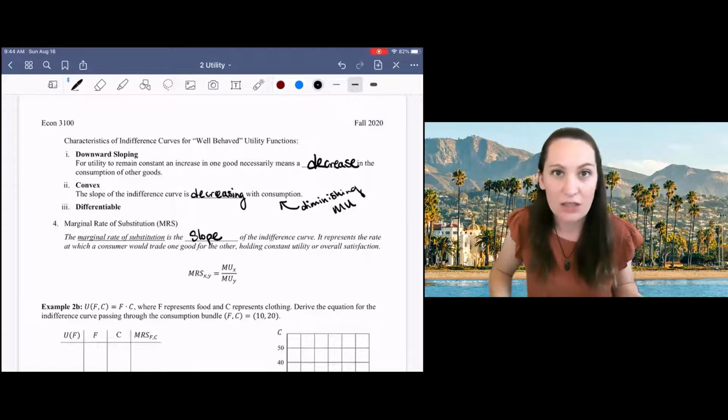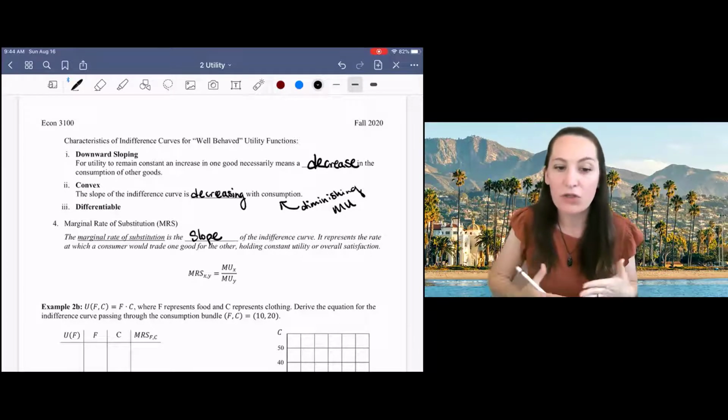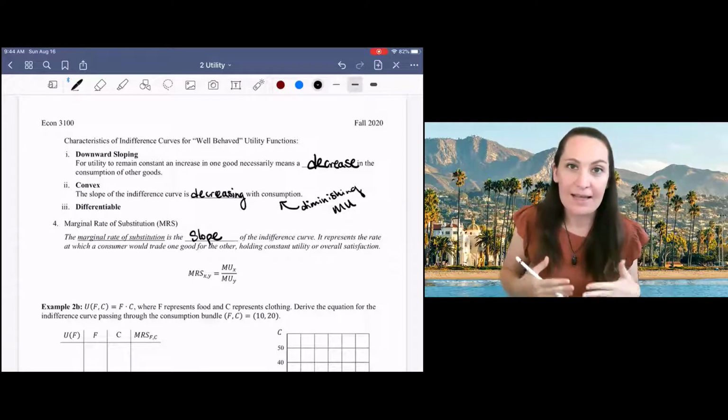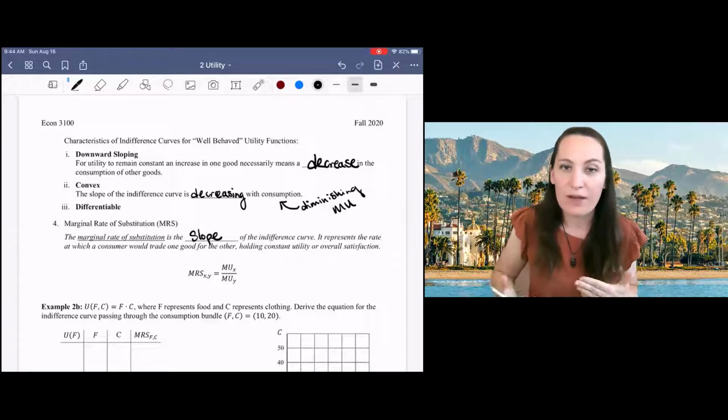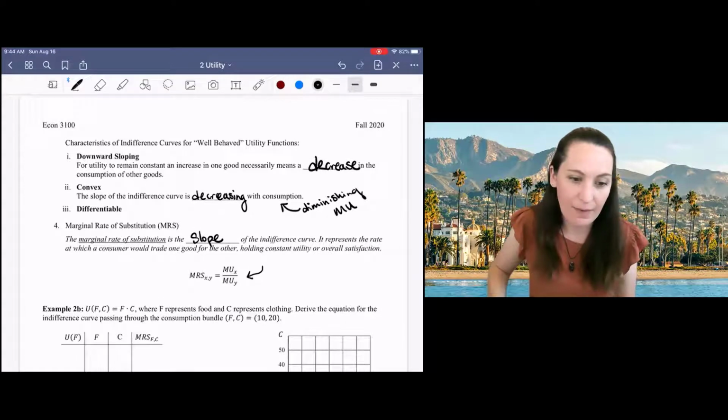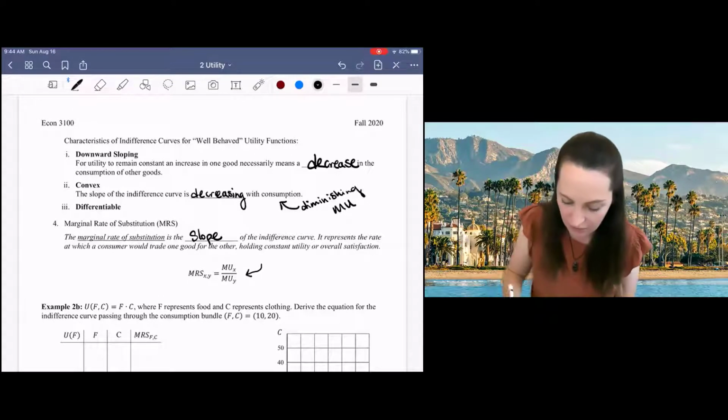And we've just talked a little bit about how the slope of the indifference curve is decreasing as we consume more of a product, representing that changing trade-off between my two consumption goods. But we can calculate the slope of the indifference curve by calculating our marginal rate of substitution as the marginal utility of one product divided by the marginal utility of the other.